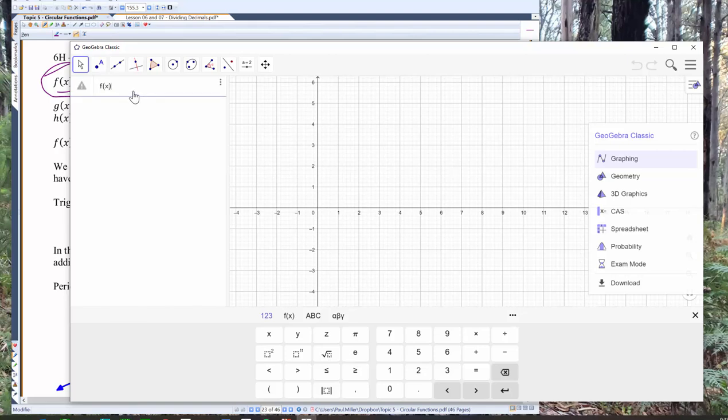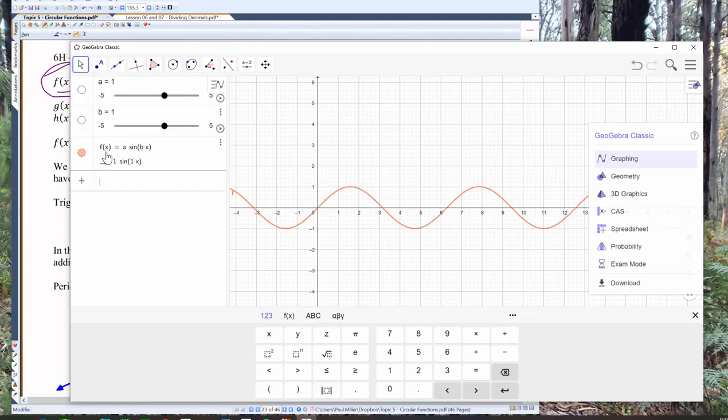So f of x is equal to, let's say, a times sine b times x. So that's our orange graph there, and I can vary those values now. g of x, let's make another function. Let's just say that that's c times cosine d times x.